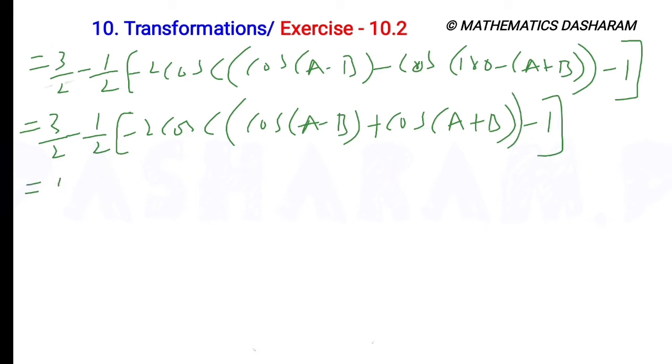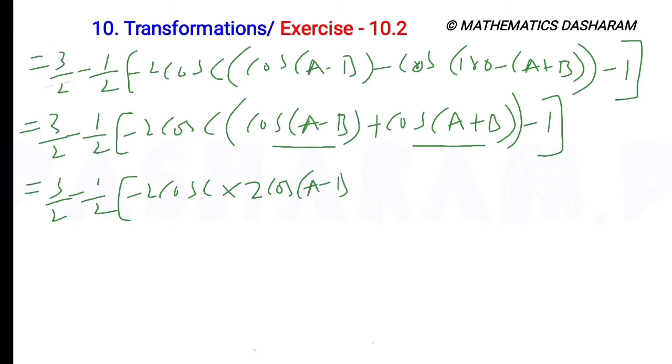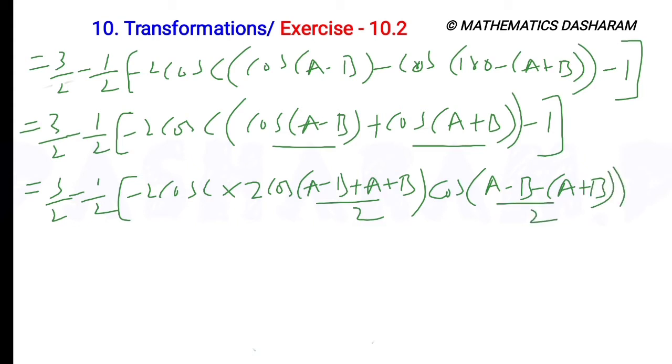So it is equal to 3 by 2 minus 1 by 2 minus 2 cos C, here the cos C plus cos D formula, that is 2 cos ((A minus B) plus (A plus B)) by 2 into cos ((A minus B) minus (A plus B)) by 2, minus 1.